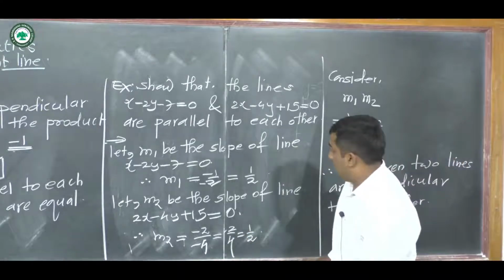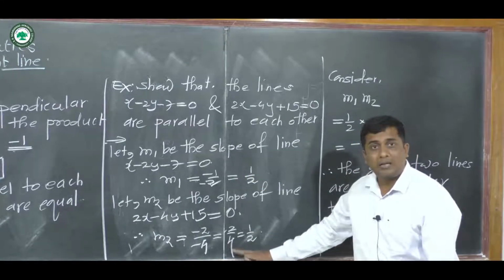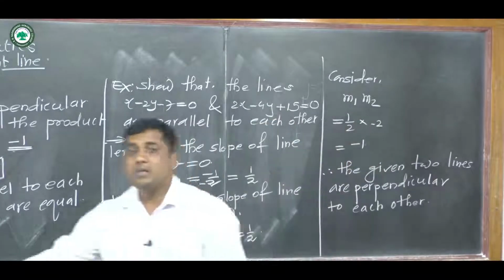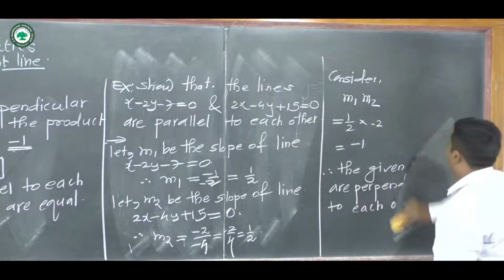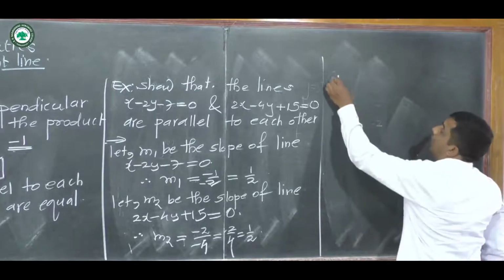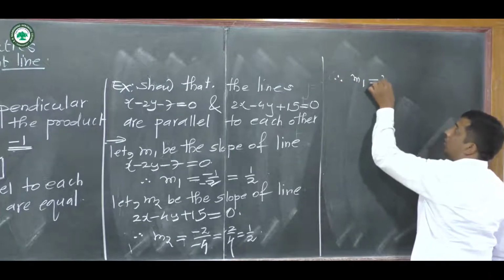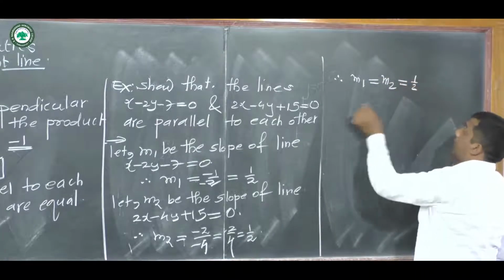Okay, so here we get m1 and m2 are equal. If these two are equal, the given two lines are parallel to each other. So we get m1 is equal to m2 and is equal to 1 upon 2.